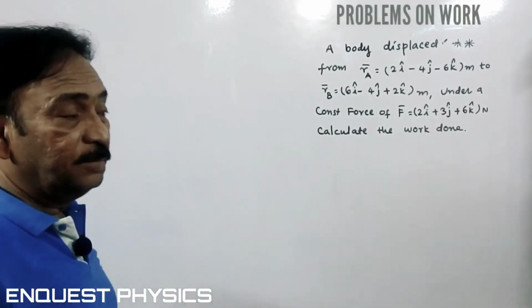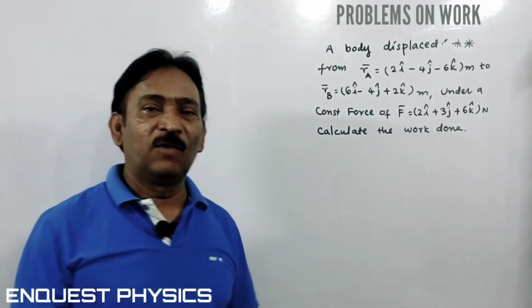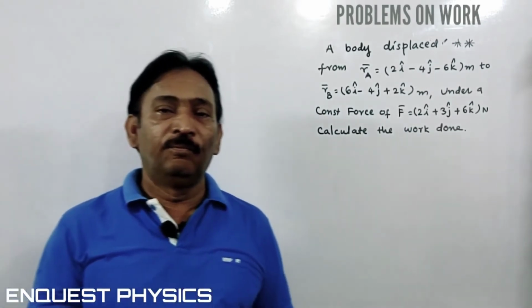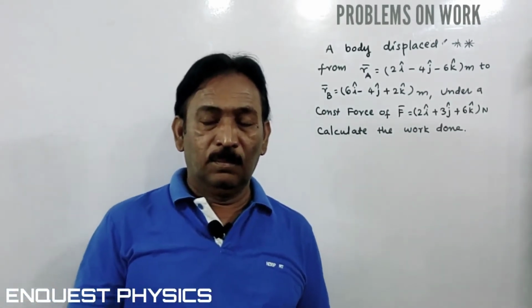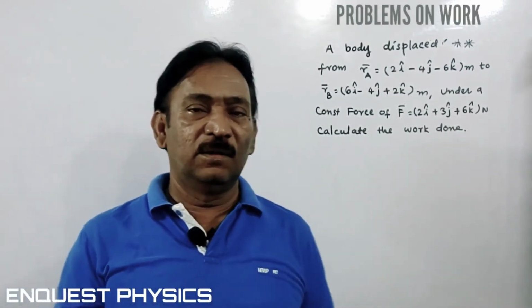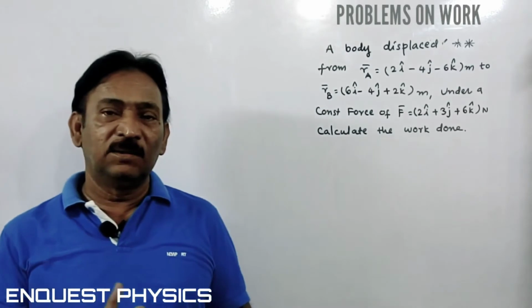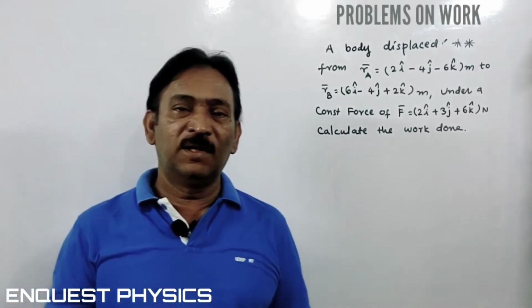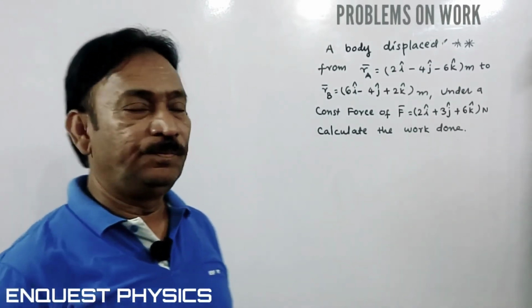Here this problem is given in the vector form, and you know that the dot product of the two vectors gives the work done. Work done is the dot product of the force vector and the displacement vector.